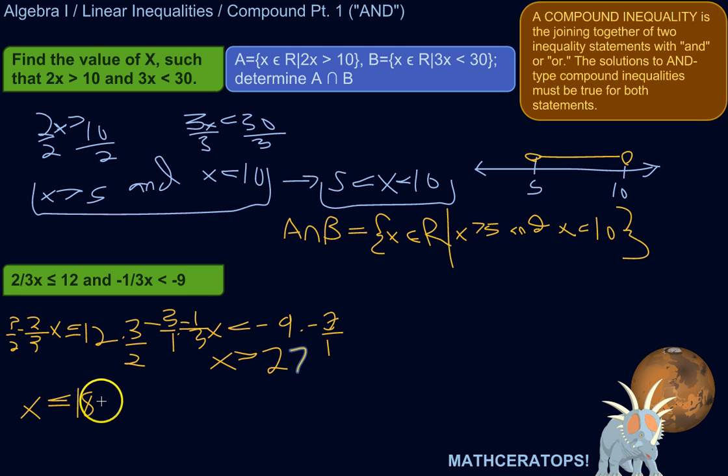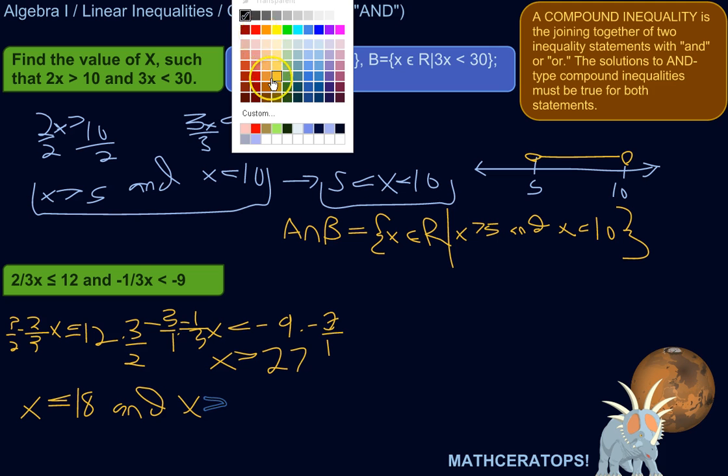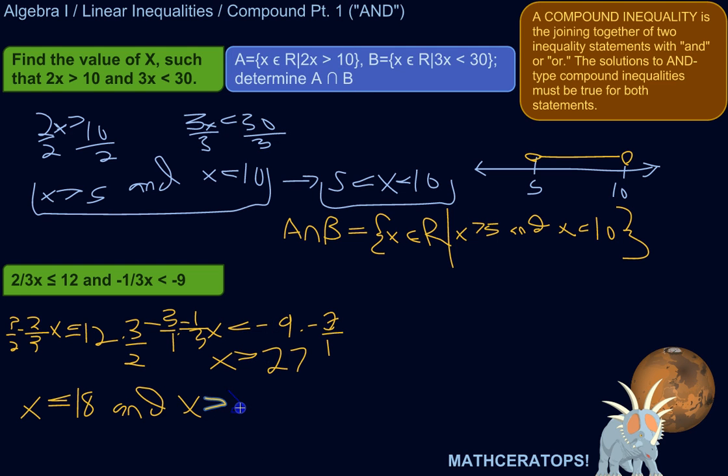So x is less than or equal to 18, and x is greater than 27. So let's just draw this on a number line, so you can visualize what this is saying.